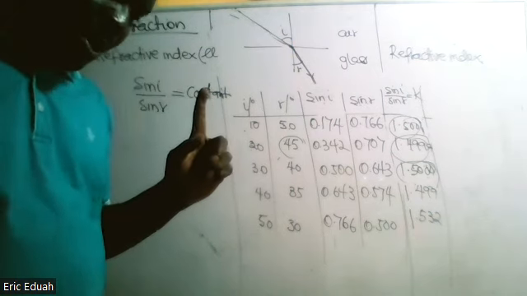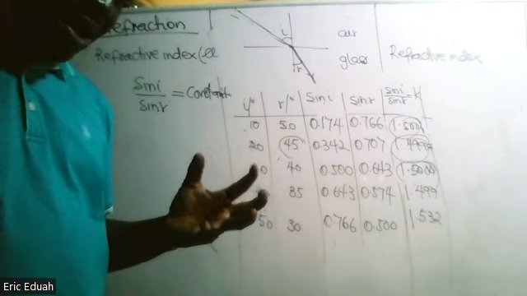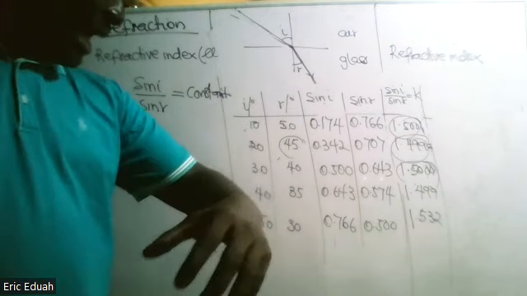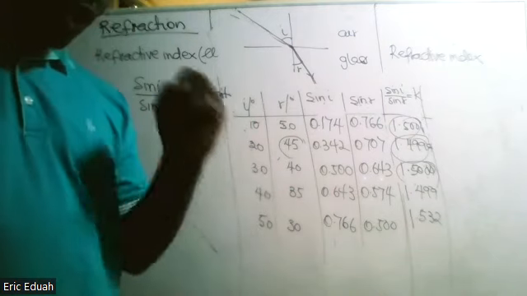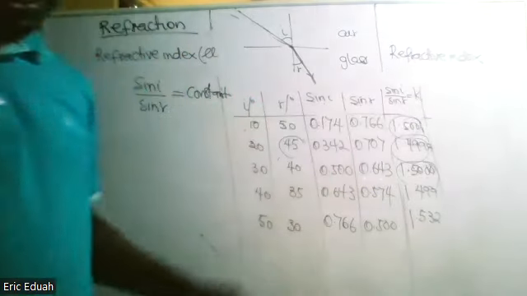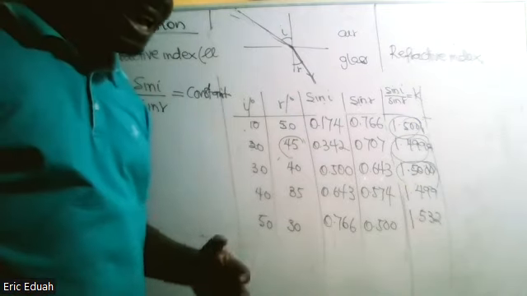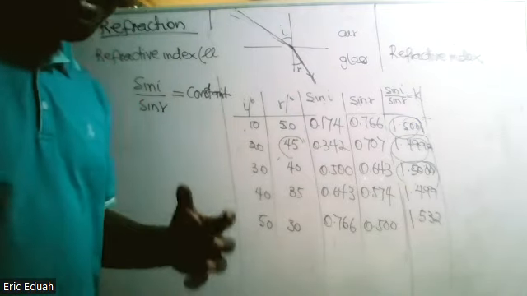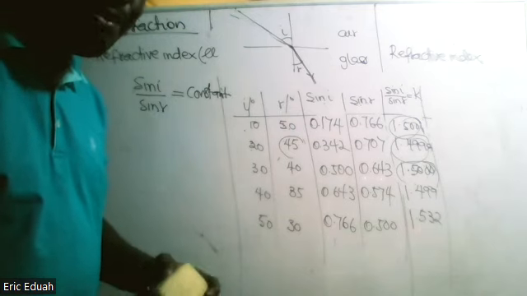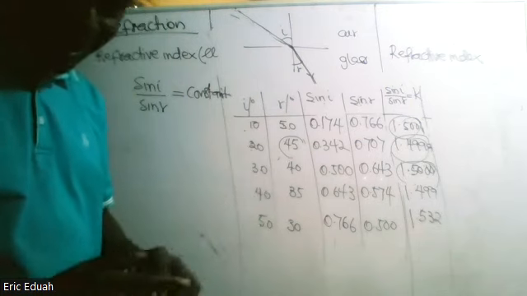Every optical material, or material that allows light to go through, has its own value of refractive index. And the refractive index of a material explains the measure of the material's ability to deviate the path of light.